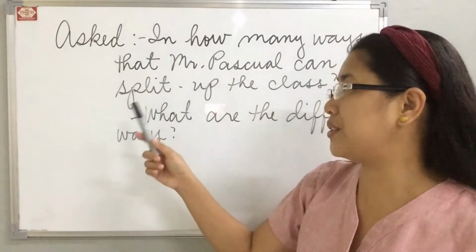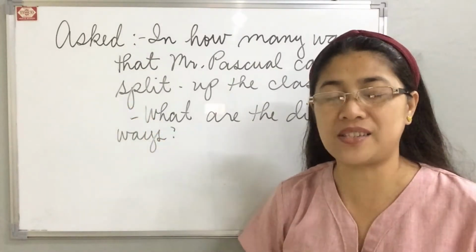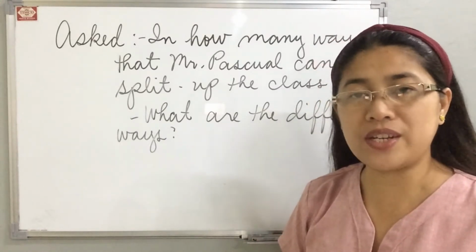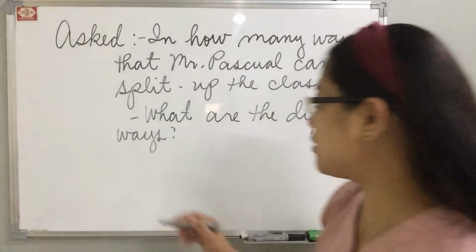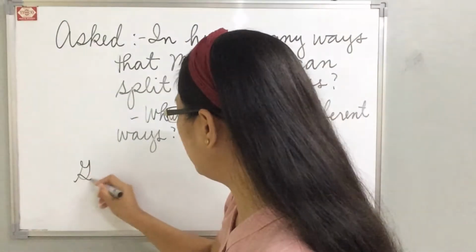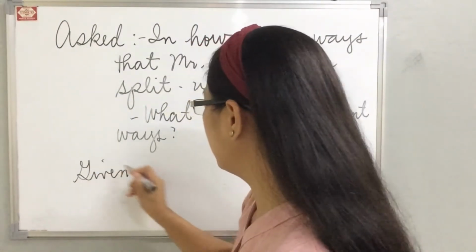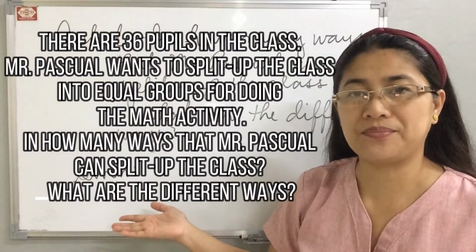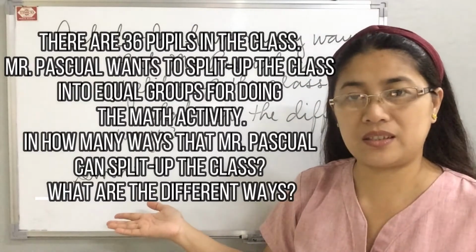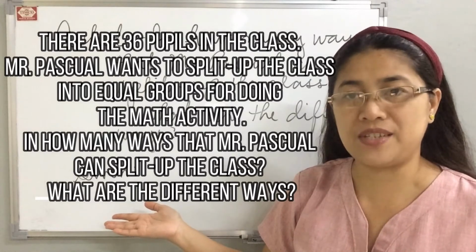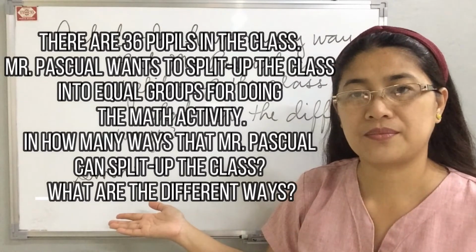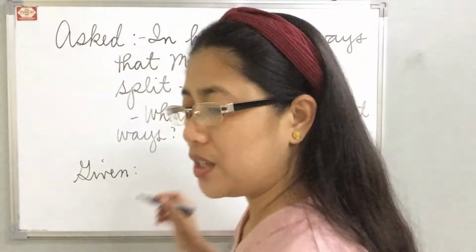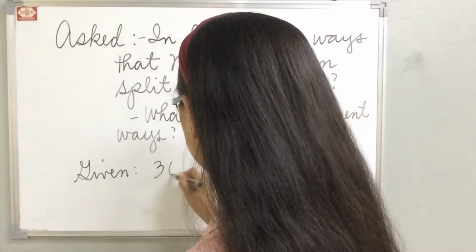After analyzing or identifying what is asked, what's the next step? Yes, we have to identify what are the given facts, or what are the given. So, going back to our problem, what is the given fact? Yes, we have 36 pupils.